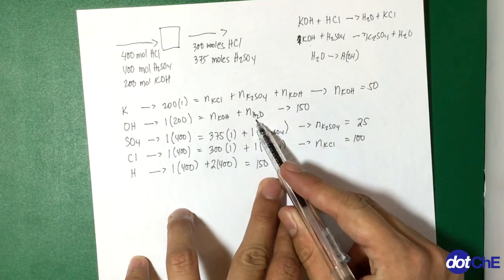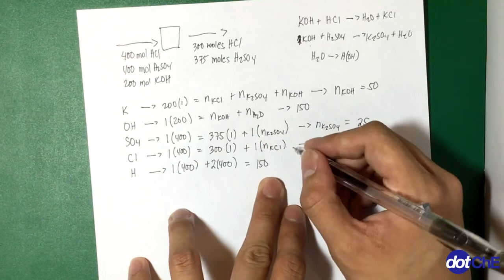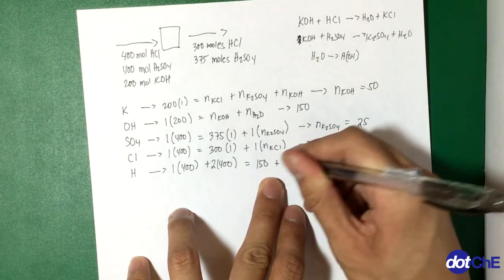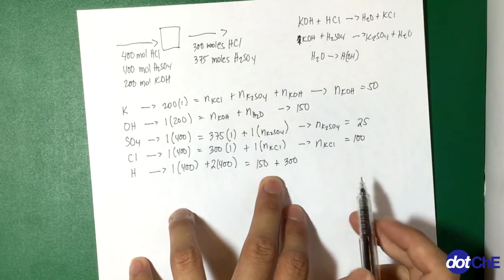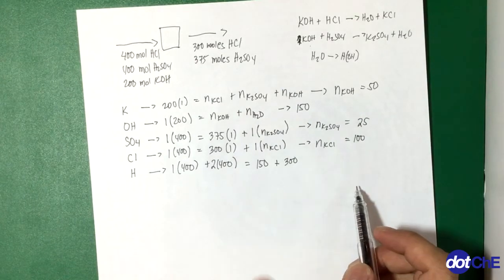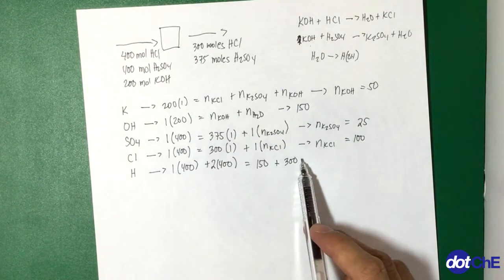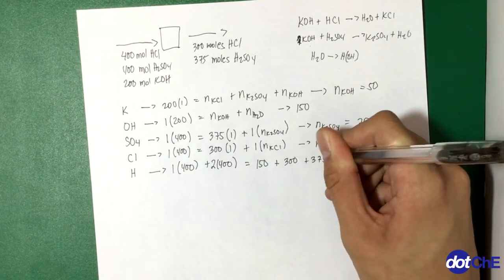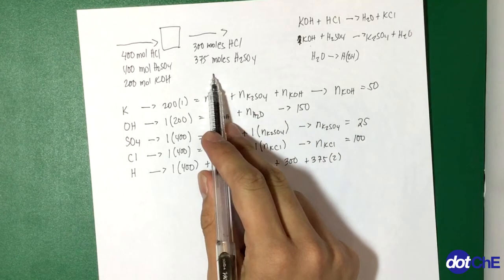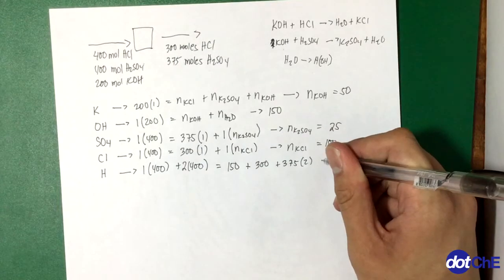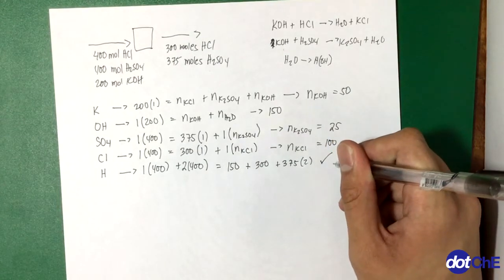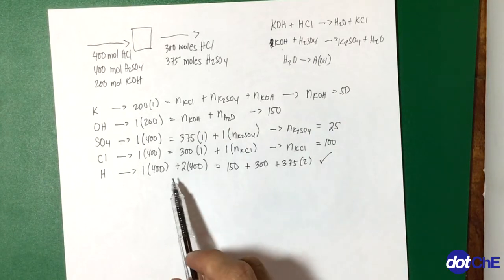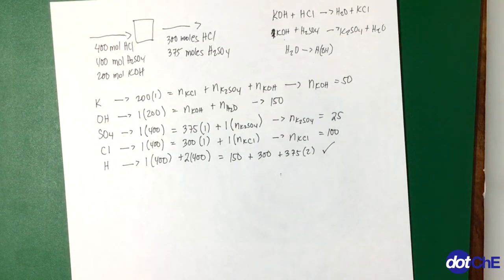So remember, H2O is HOH, plus 300, which comes from the HCl here, plus the 375 multiplied by 2, which comes from the H2SO4. Thus, we could say that this is maintained because this is equal to this.